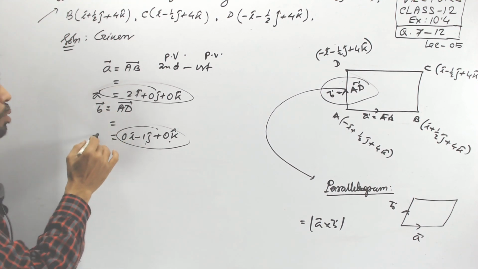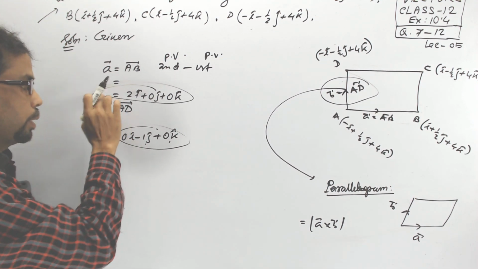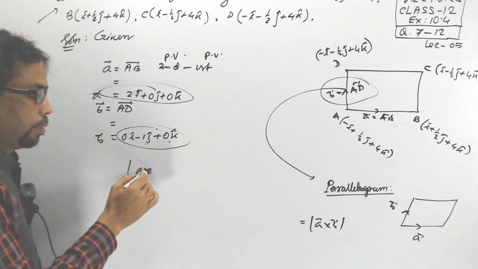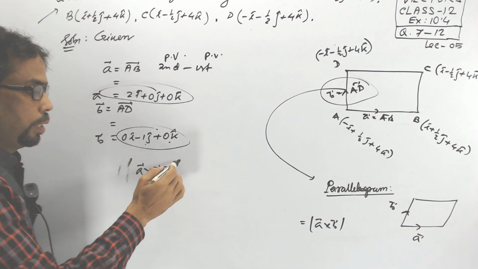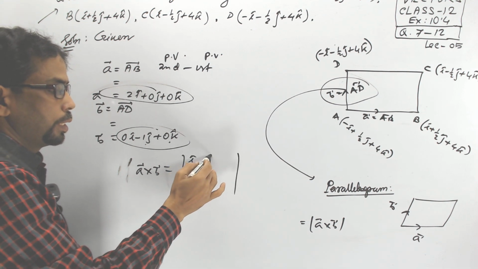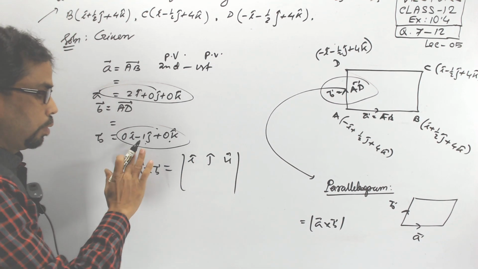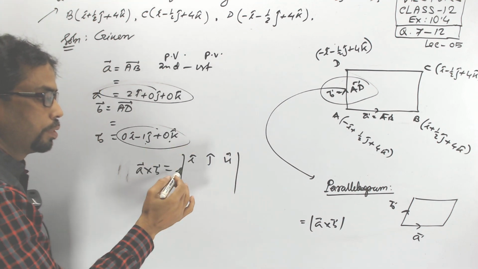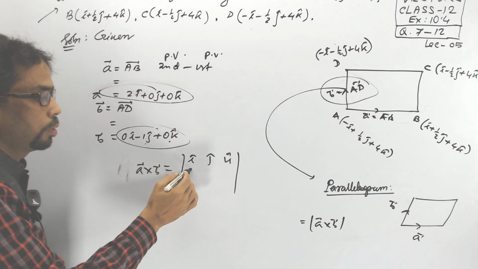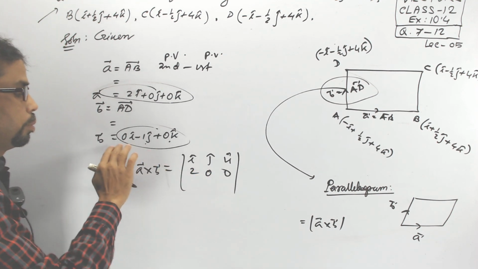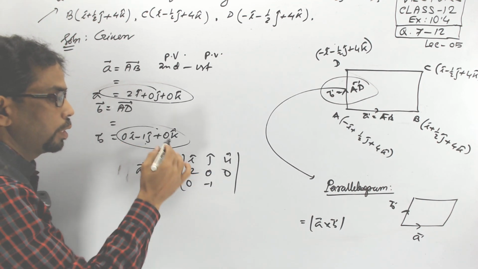So we got the two adjacent sides represented by vectors A and B, and then we find the cross product. The cross product is formed by the determinant: the first row is i, j, k. The second row is the coefficients of vector A, which are 2, 0 and 0. The third row is made from the second vector: 0, minus 1 and 0.